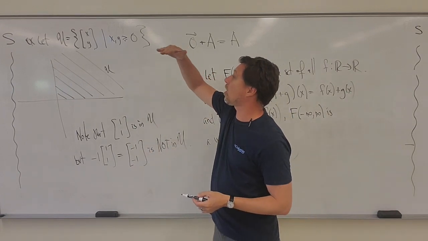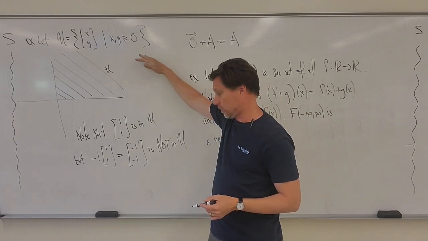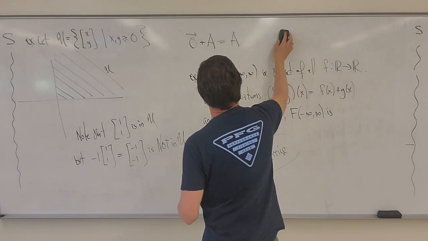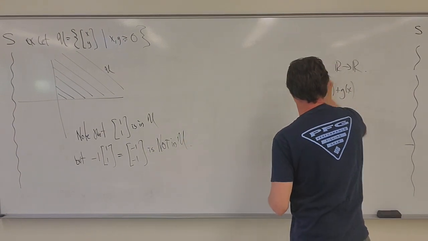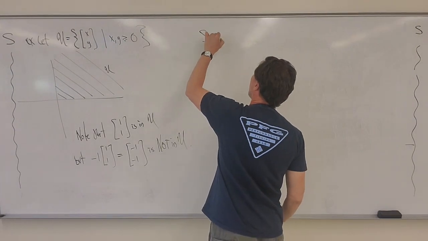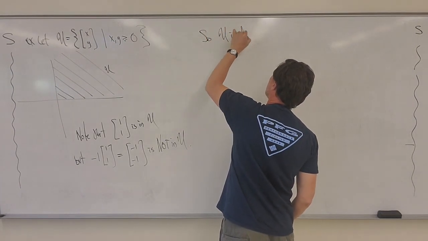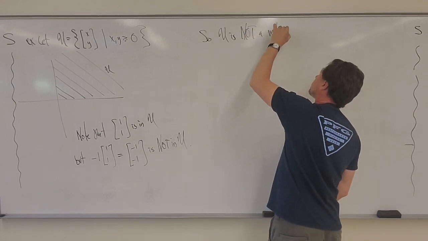It tells us that our set U right here is not closed under scalar multiplication. So U is not a vector space.